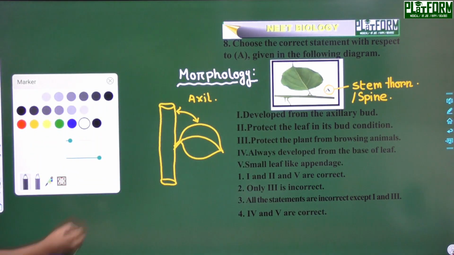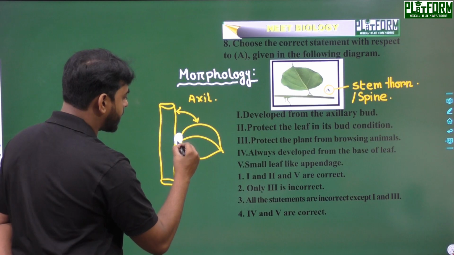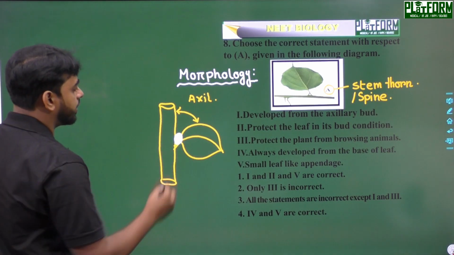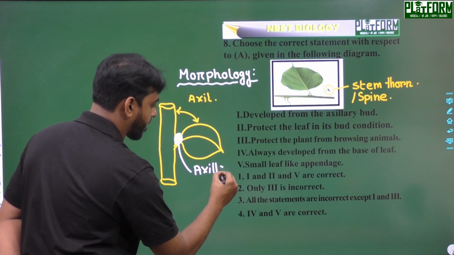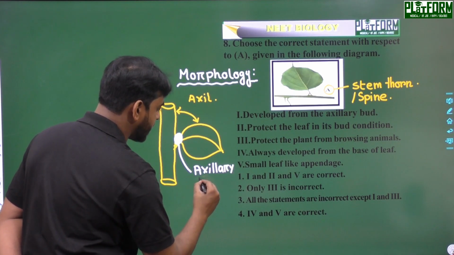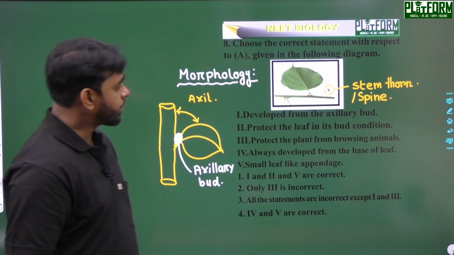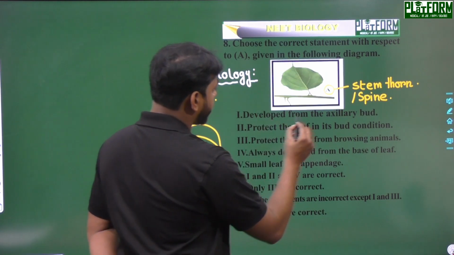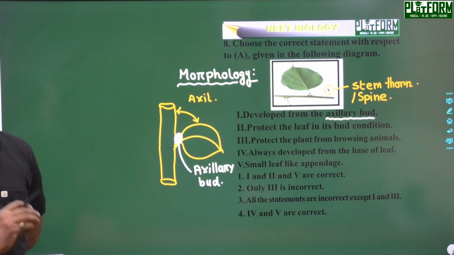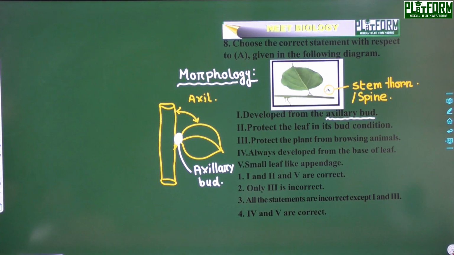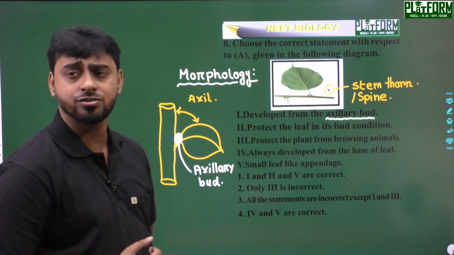Now if the bud is developed on the axil, this particular bud is known as axillary bud. Now in this particular statement it is written that developed from the axillary bud. Definitely the spines are developed from the axillary bud. The axillary bud gets modified into spine-like structure.